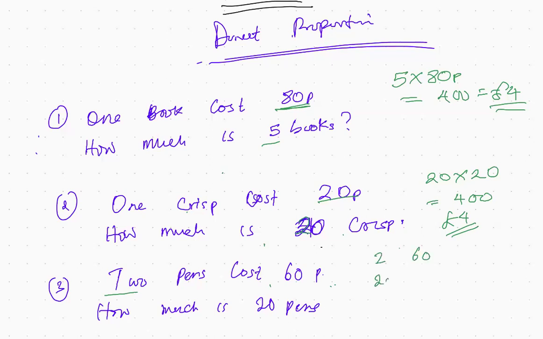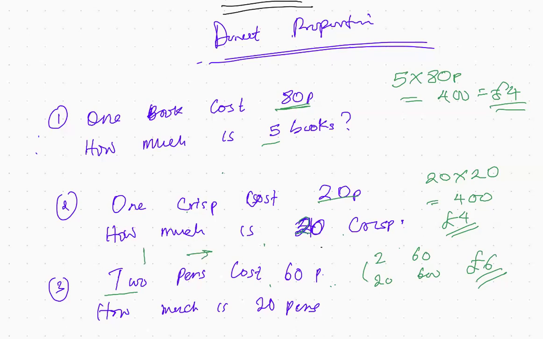So that's it. For the last one, another way of doing it is this. If you know that 2 pence costs 60p, you could find the cost of one. One will cost 30p.